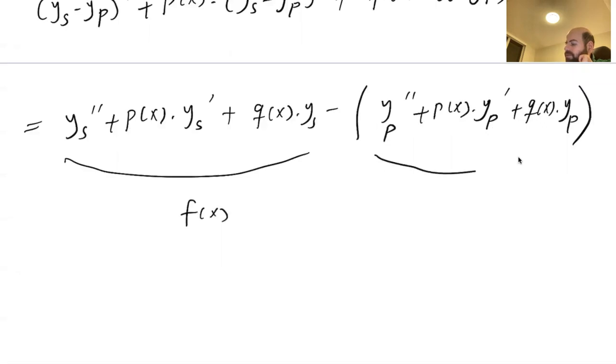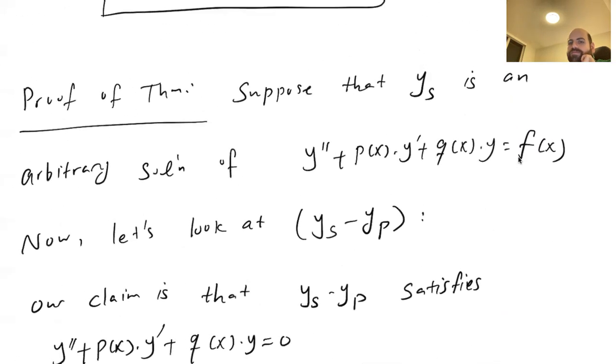And similarly, yp is also a solution for this equation. Ys and yp are both solutions. Yp is a fixed solution that we could find by guessing or some other method, just one of the solutions. And ys is an arbitrary solution, but both of them are solutions for this equation.